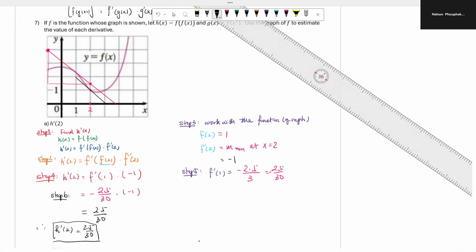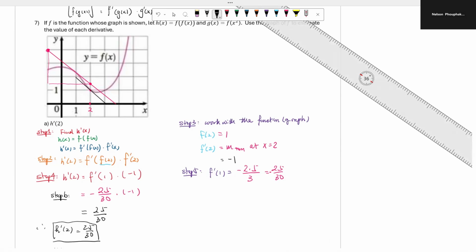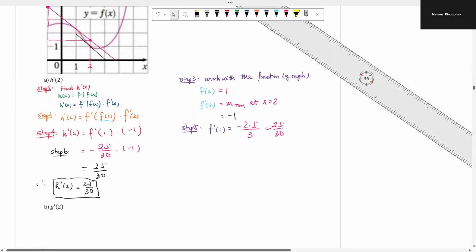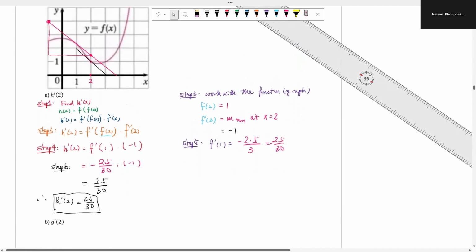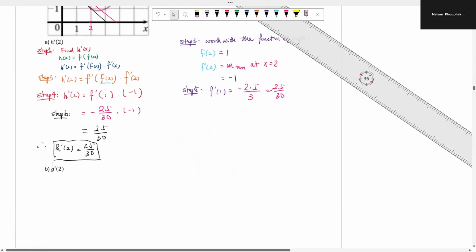So right now it is your turn. Go ahead and try to see if you could work out the next problem. Step 1, I would like to find g prime of x.